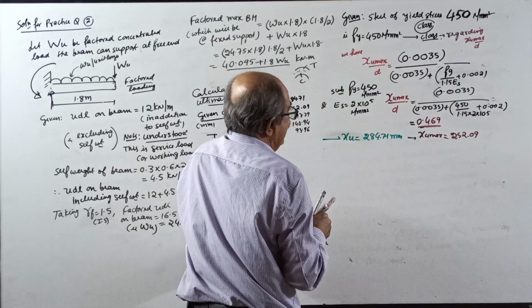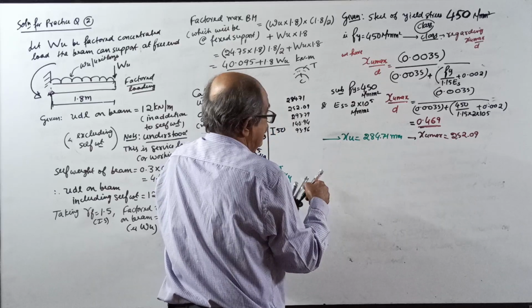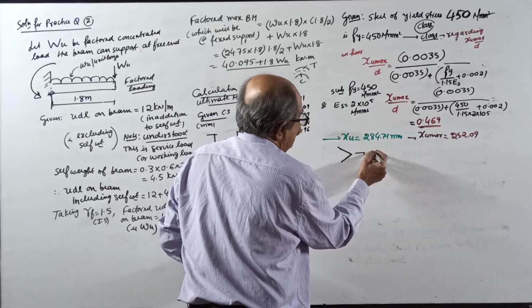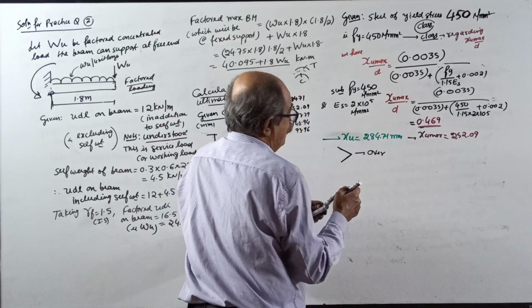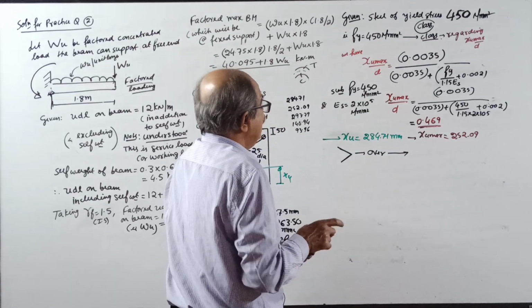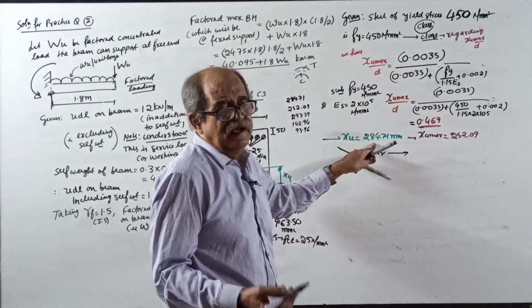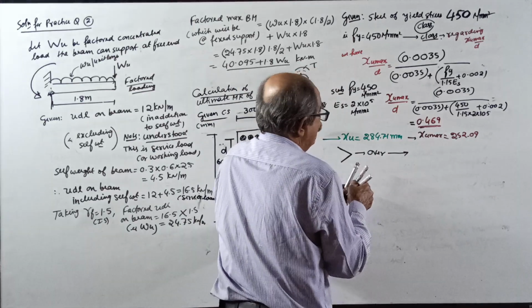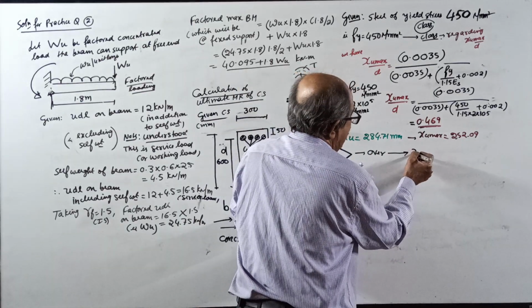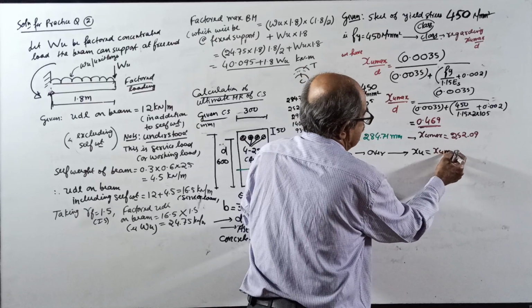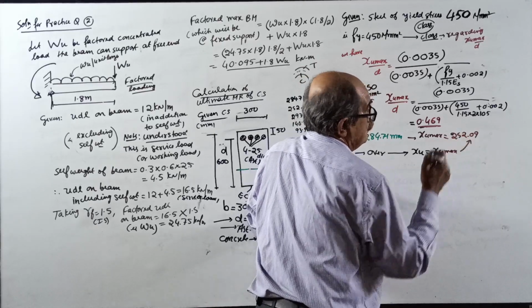Then your Xu will be more, so over reinforced. Therefore, for future, the green color value you cannot use. For all further calculation, take Xu equal to Xu max. Take that value.